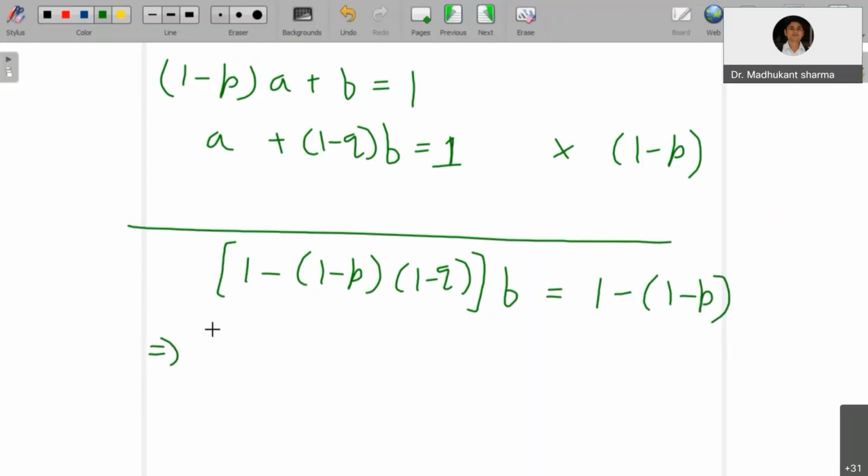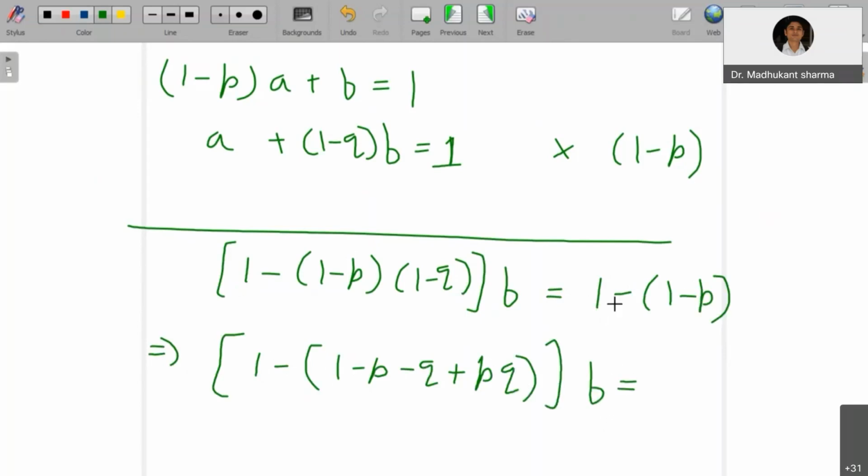So this implies, open it, 1 minus p minus q plus pq times b equals 1 minus 1 plus p, so that's p.